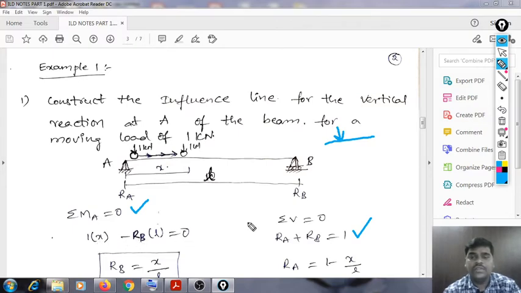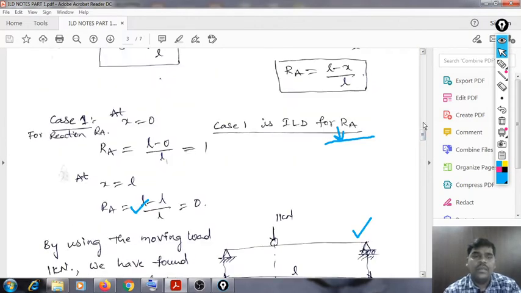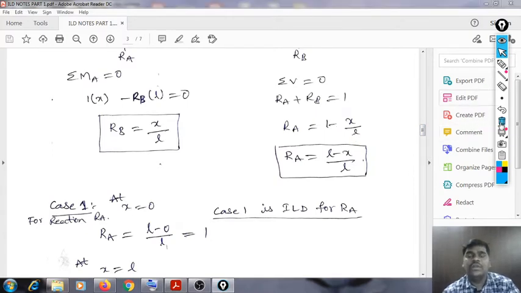From this we get RB as X by L, and RA as (L minus X) by L, as shown in the PDF here. So let us keep in mind RA and RB.